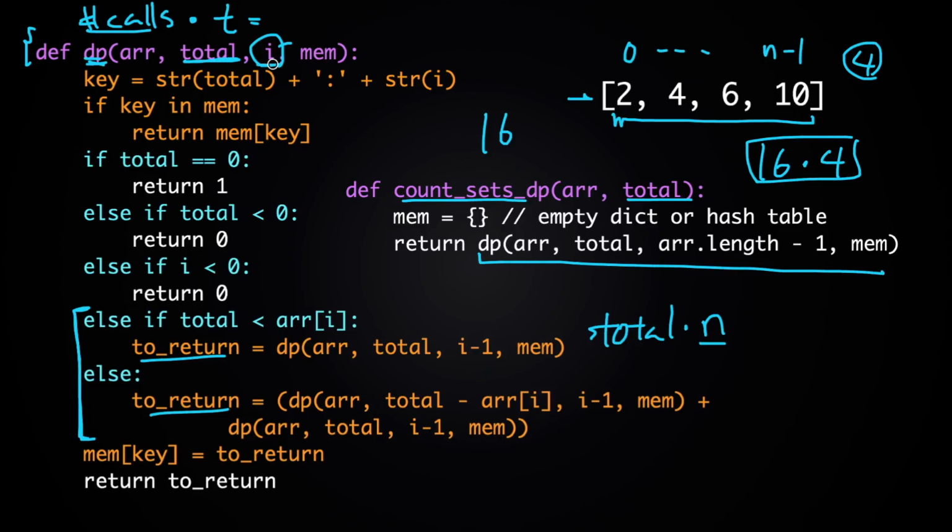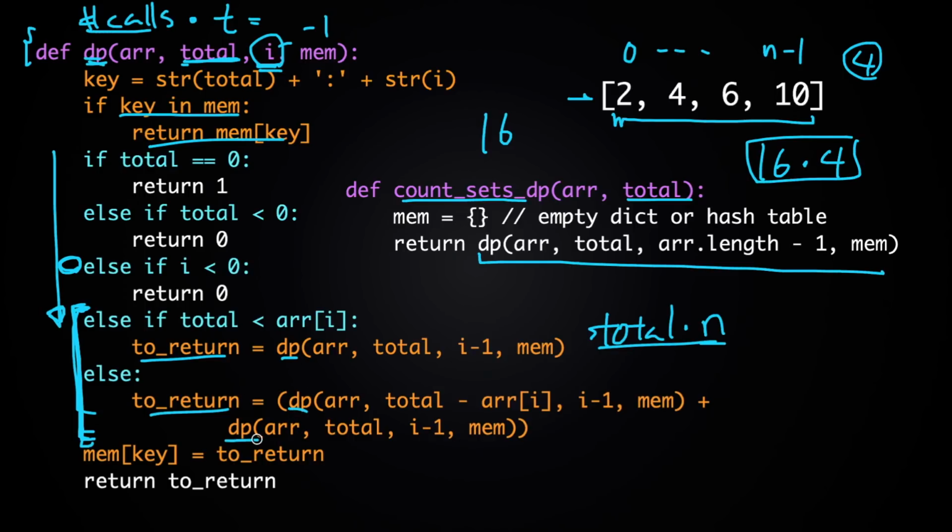And for each unique pair, we only go through this entire function and then get to this block once, because after the first time, we'll already have returned here. And if either total or i is out of range from those particular pairs, for example, if i is minus 1, then we'll already have returned before we get to this block, for example, right here as well. And so we get to this block at most total times n times, and each time we get to this block, we'll call dp only at most twice.